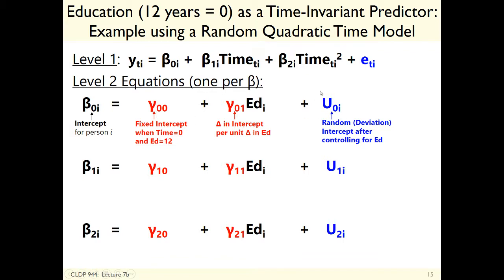So U0 is here to convey the idea that the model has a random intercept variance. It allows individual differences for some unknown reason in the intercept. Previously we would have tested to see if they were significant, and we can describe how big they are. Well, if education matters, if intercepts are different depending on your education, what should happen to the U0 variance?